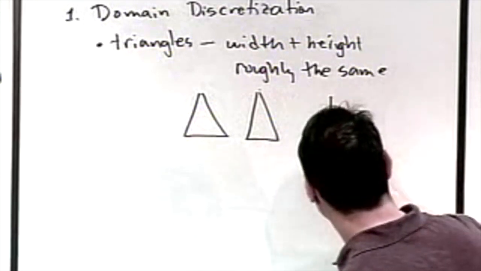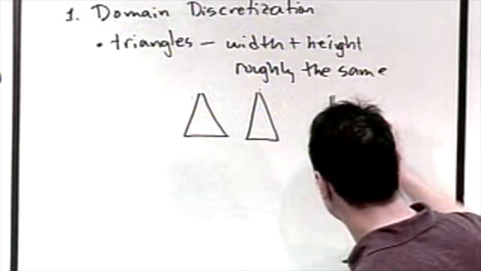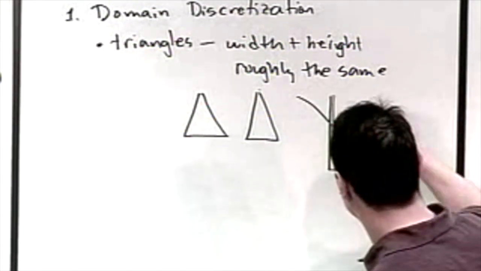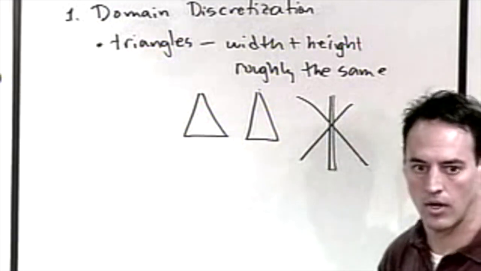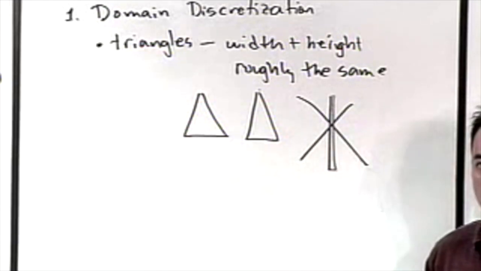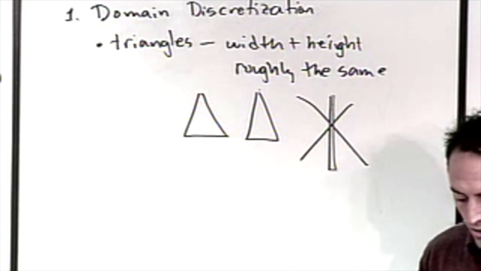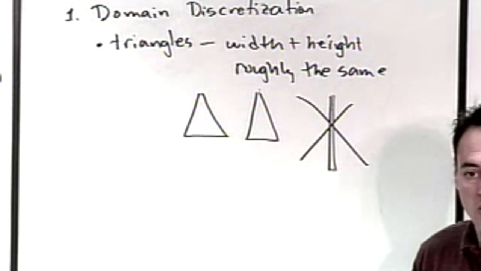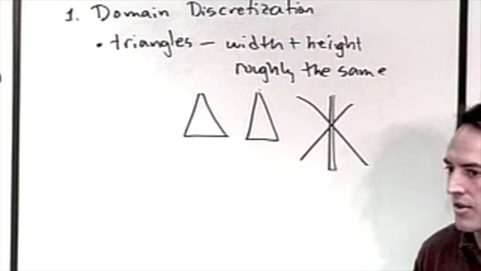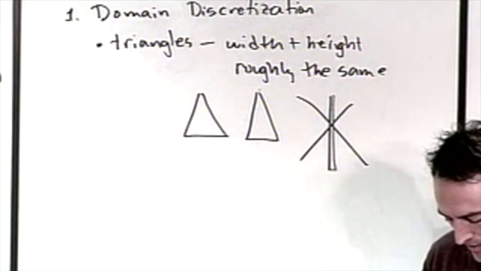But when you start doing triangles like this, no. So you don't want tall, thin triangles. You just basically want some proportionality there. Widths and heights should be about similar. They're not the same, but okay.